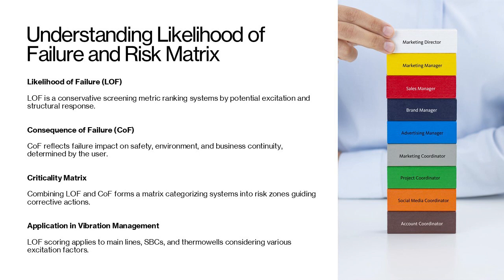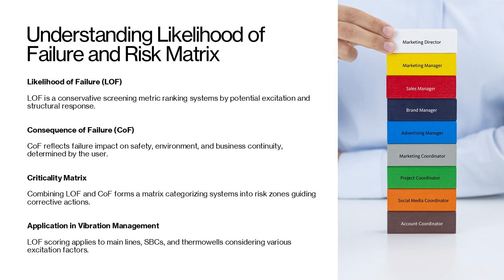It is not an absolute probability but serves as a prioritization tool. COF, determined by the user, reflects the impact of failure on safety, environment, and business continuity. Together, LOF and COF form a criticality matrix that categorizes systems into risk zones, guiding resource allocation and corrective actions.